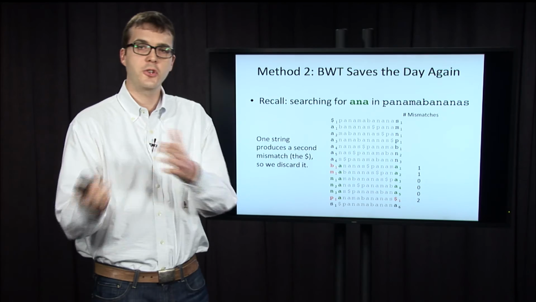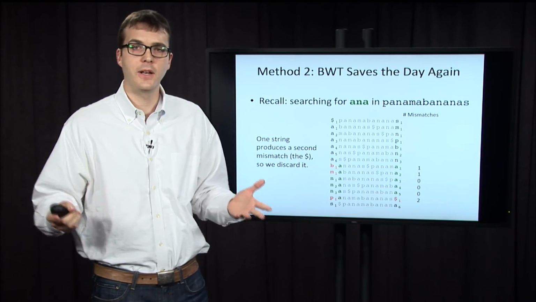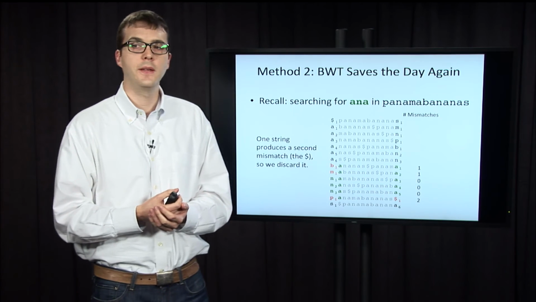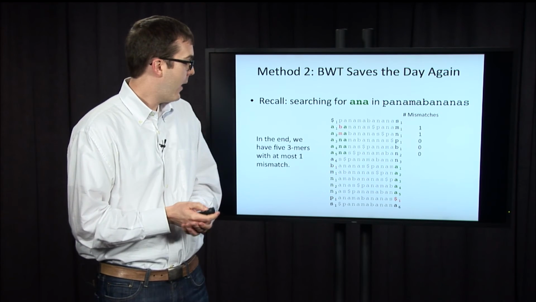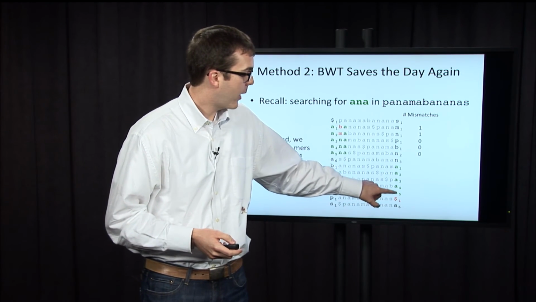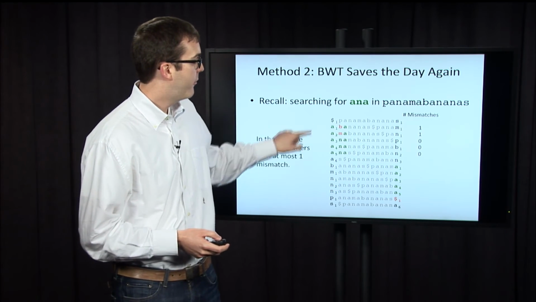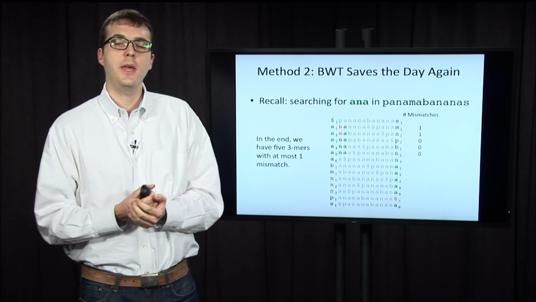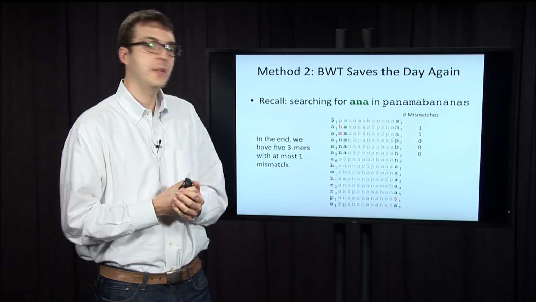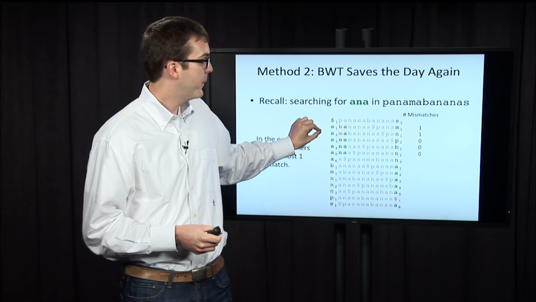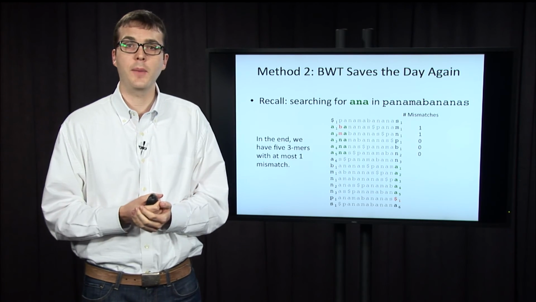That says that we've essentially wrapped around the string, so now we need to eliminate this. So when we use the first-last property and go backwards with these 5 matches, we get 5 inexact matches with at most 1 mismatch in our string. We've kept track that we have 1 mismatch here, 1 mismatch here, and then we have the 3 perfect matches that we found before.